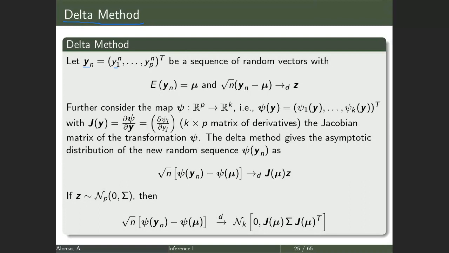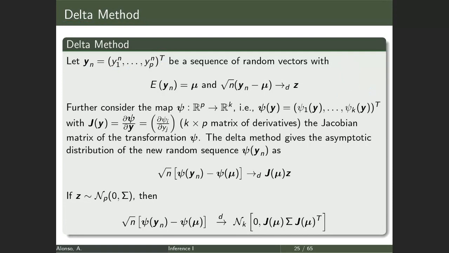This is the first component of your vector, the second component, etc., and here you have the p-th component of your vector. You have a sequence; you have that vector measured several times. We use here this T, which means the transpose of a vector. Vectors typically are represented as columns, and if you transpose them, then you get a row. So that's the only meaning of that.